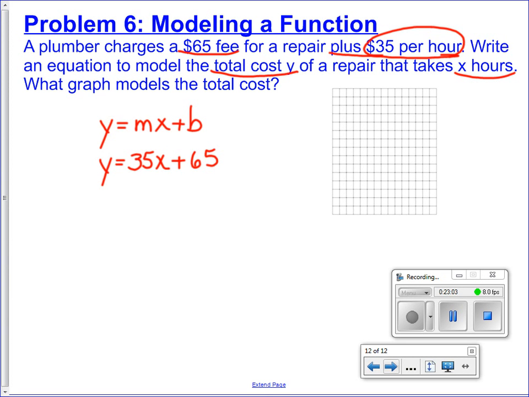All right, so let's go to our graph. And we're going to determine a scale that we can use. All right, so Y represents the total cost. And if I had room to write a title, I might title it plumbing cost. I'll go ahead and do that.